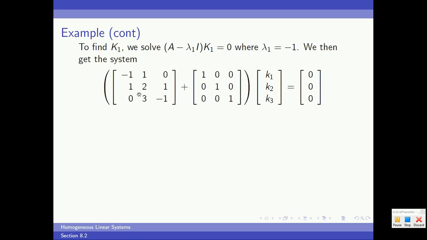Here is our A minus lambda I, so that would be plus our identity matrix. I find the augmented system. This gives me 0, 1, 0. Here I have 1, 3, 1, and 0, 3, 0. So I want to solve this.